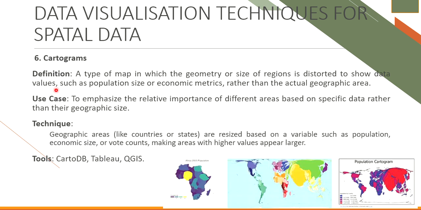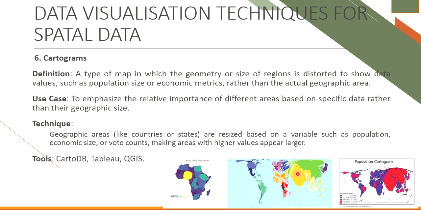So the next one is cartograms. Cartograms are maps. In these maps, we use the map irrespective of the actual size. We sometimes enlarge a particular region, or sometimes we minimize a region. Whichever region we want to consider, we zoom or enlarge it, depending on the requirements.